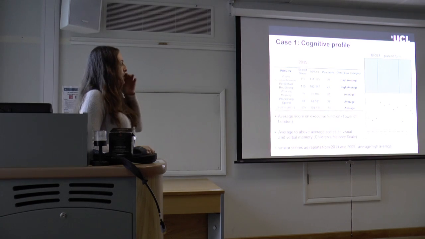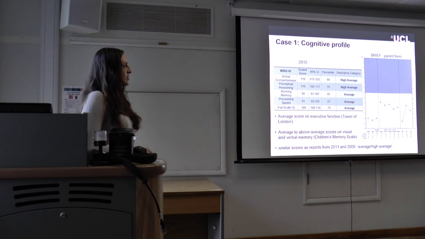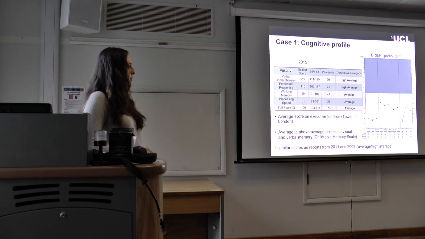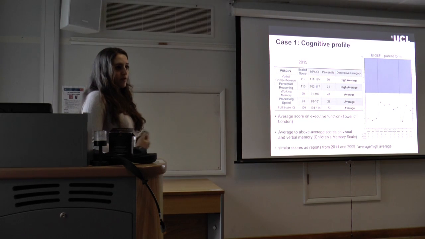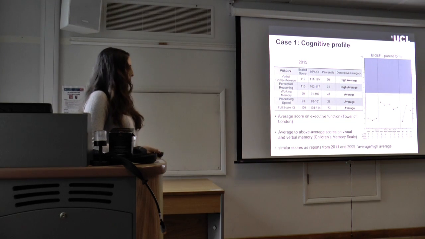Because in terms of the WISC IQ, this child scored high average, or an average range across the whole board, with a full scale IQ of 109, which is average, very good. Average score on executive function, which I was not expecting given the frontal lobe nature of his lesions. Average to above average scores on visual and verbal memory.